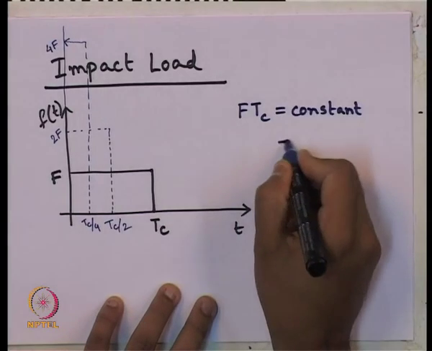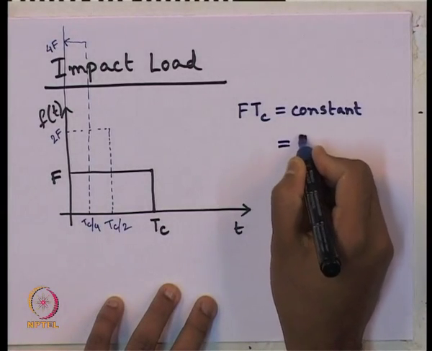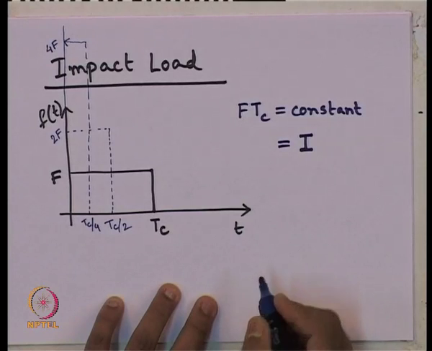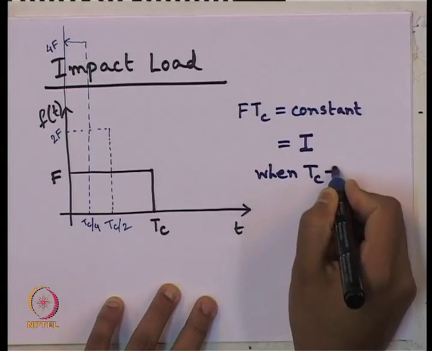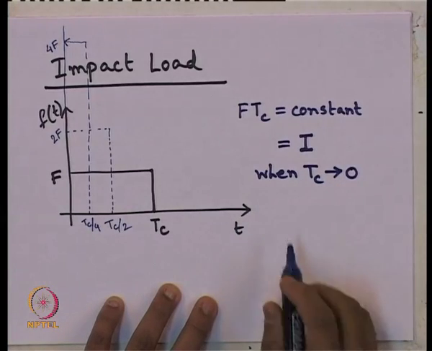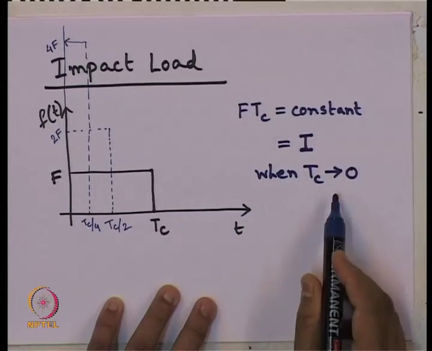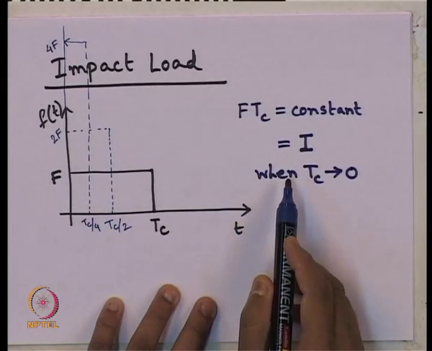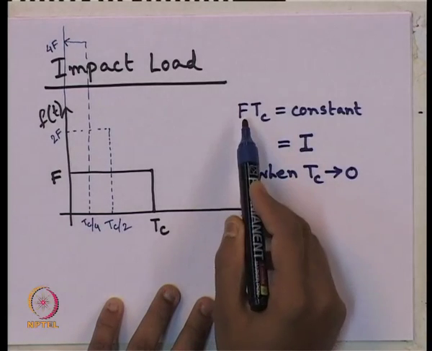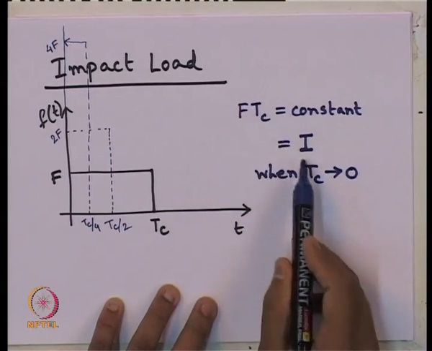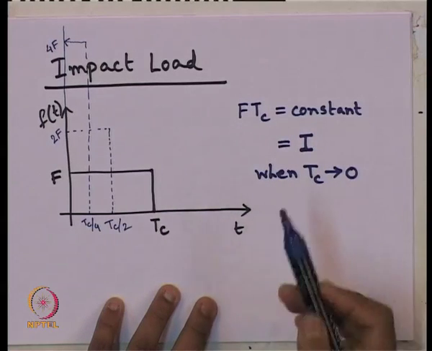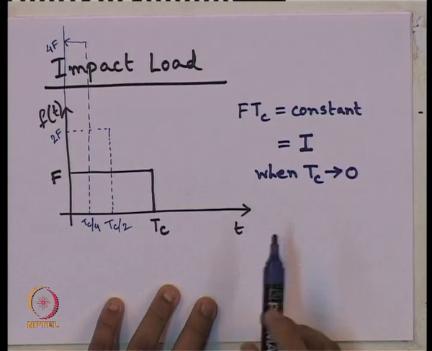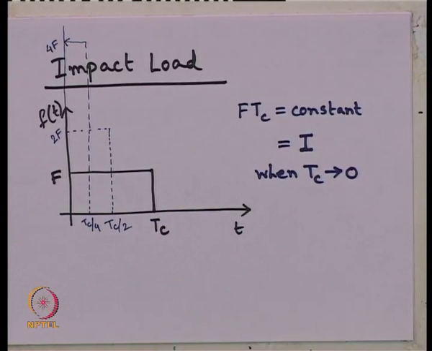That can be referred as impact load I when T c tends to 0. That is, when T c is very small, this magnitude of f times T c we denote as I, which is nothing but the impact, with T c tending to 0.